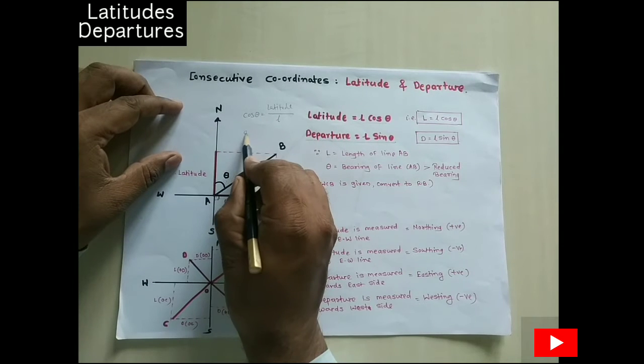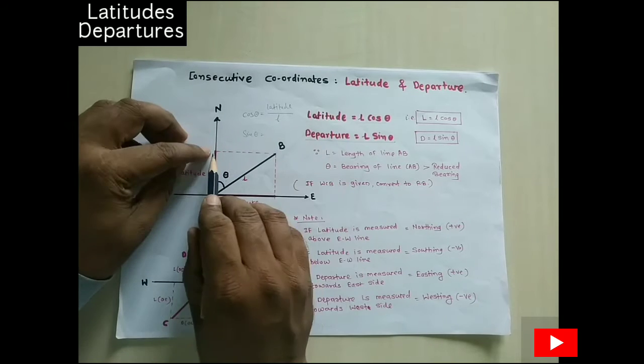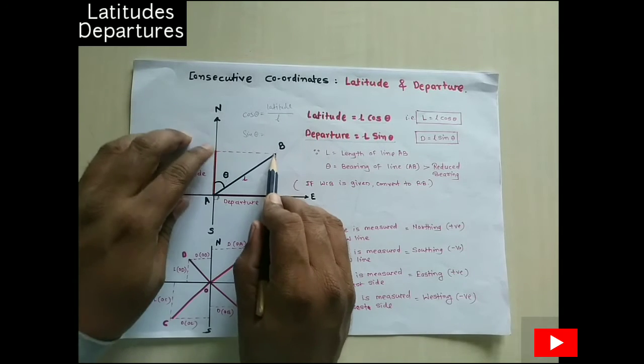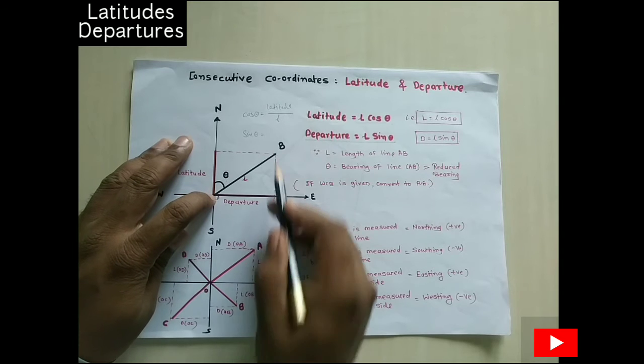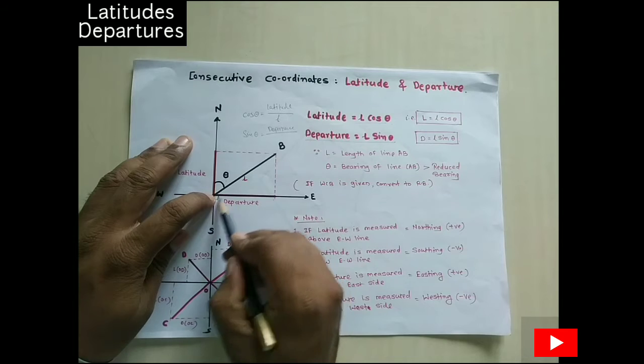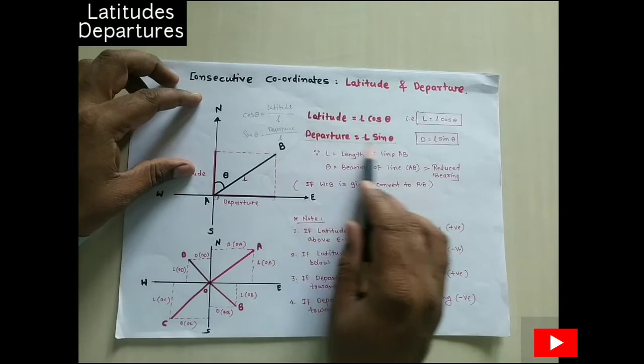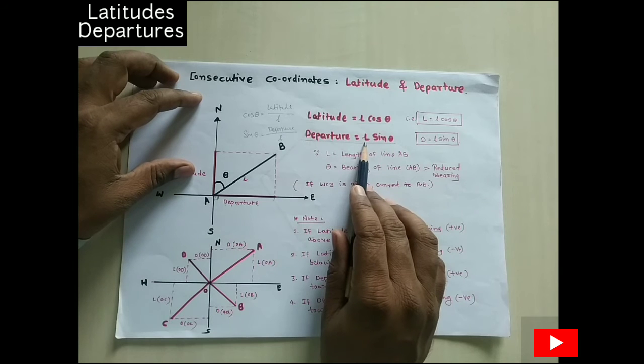Now what about departure? Just use the formula sine theta: the opposite side is this dimension, which is directly parallel to this, that's why it is departure, upon hypotenuse, that is L. So that can be converted into departure is equal to L sine theta.